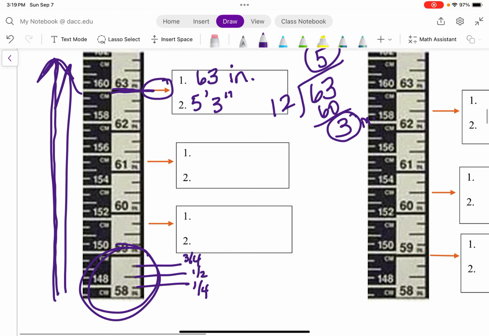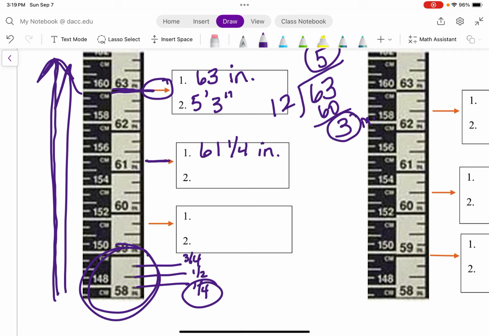Let's go to the next one here. Which line is this arrow pointing to? It's the first little line. The first little line, coming back down to here, is 1/4. So it's that first line above 61, 61 and a quarter inches. Okay, so part 2 is converting total inches into feet and inches.